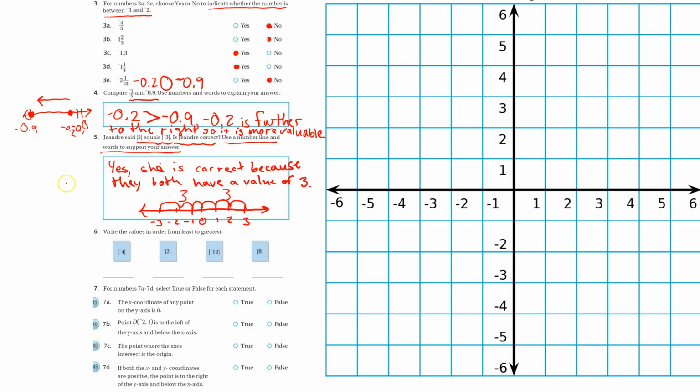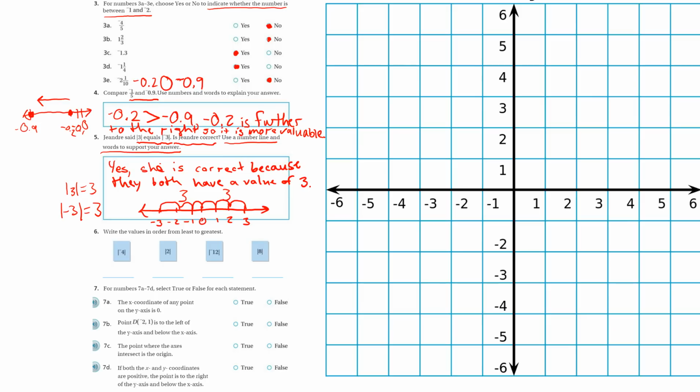Remember, absolute value of 3 equals 3, and the absolute value of -3 is also 3. So there's all my evidence to show that she is correct.